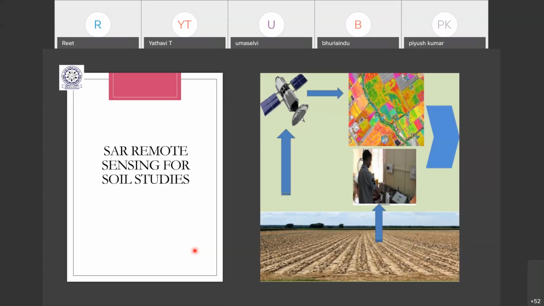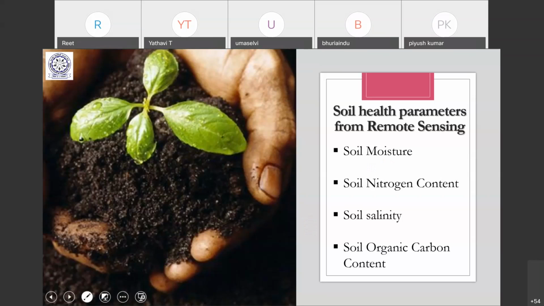So by using the microwave remote sensing data, we get continuous data. For every 20 meter we are getting one value. So it has clear cut advantage over the laboratory testing method. Here these are the soil health parameters like soil moisture, soil nitrogen content, soil salinity and soil organic carbon content.